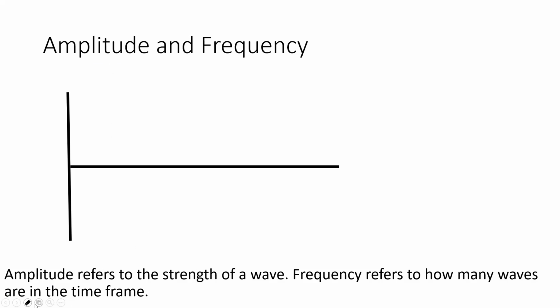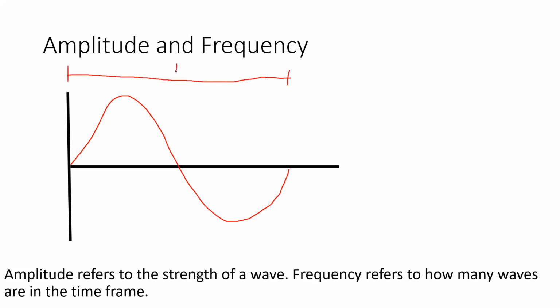So frequency, as you can see down the bottom there, refers to how many waves are in the same time frame. Okay, so if we have a wave that's like this, all right, so that is one single wave. So where it goes up to the peak, and then down to a trough, and then back to its starting point, this here, that is one unit.